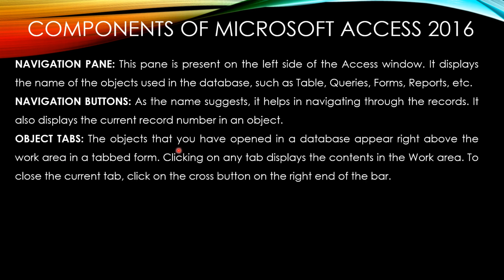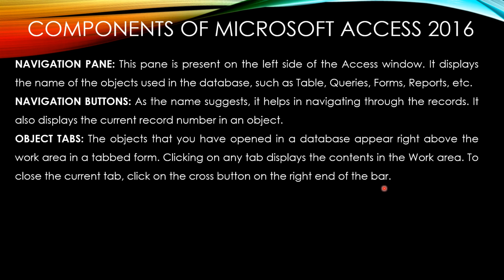Object tabs: the objects that you have opened in the database appear right above the work area in a tabbed form. Clicking on any tab displays the contents in the work area. To close the current tab, click on the cross button on the right end of the bar. Now again, a similar example I'll give you for the object tabs. When you work with MS Excel, you will see at the bottom you have sheet 1, sheet 2, sheet 3, right? Those are the sheet tabs.